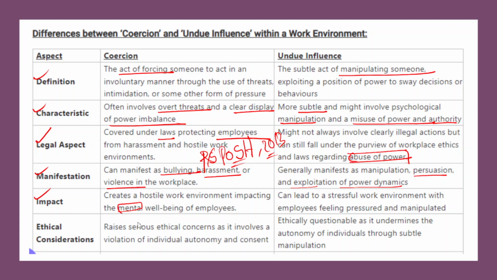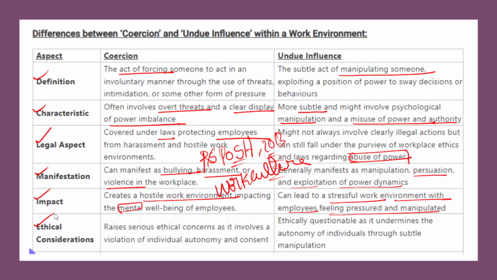It will also create a hostile work environment, and that will impact the work culture of an organization. This can lead to a stressful work environment with employees feeling pressured and manipulated because of this undue influence.